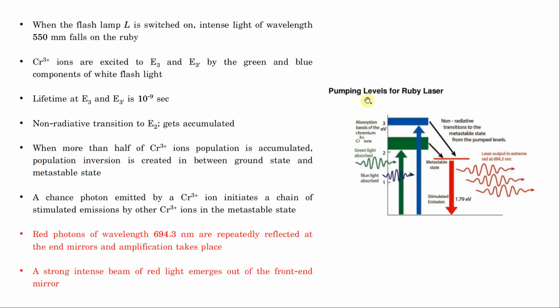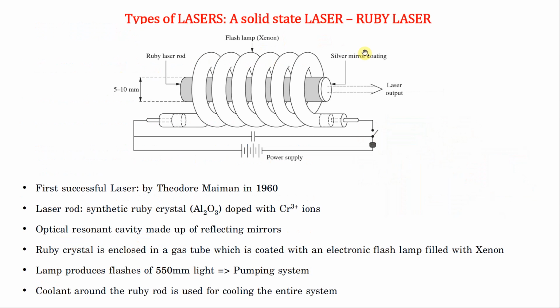and that light is going to fall on the ruby. Since it is white flash light, there will be different components of color. We know that white light is a mix of the Vibgyor, so there will be different colors. The white flash light from the xenon flash lamp falls on the ruby crystal, which is doped with chromium 3+ ions.